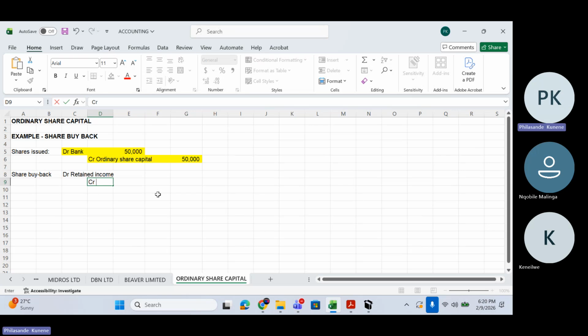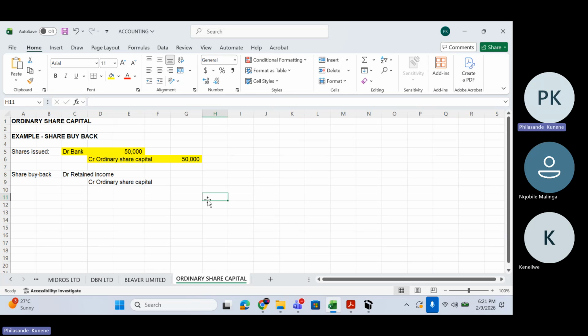Okay, you said I'm debiting retained income and credit what? Ordinary share capital. Okay, why am I crediting ordinary share capital? I don't know, double entry. Isn't it like the golden rule or something? Yeah, I understand that part, but I'm not entirely sure why I'm saying credits ordinary share capital.